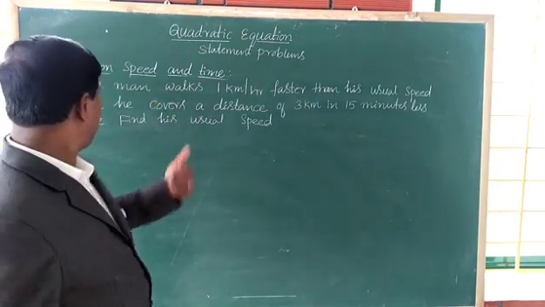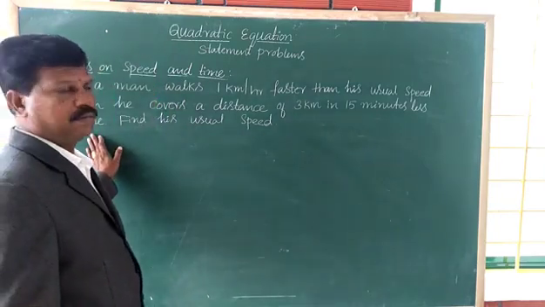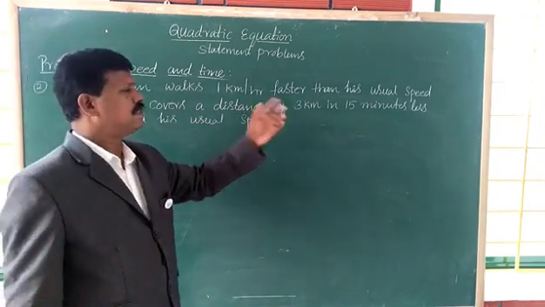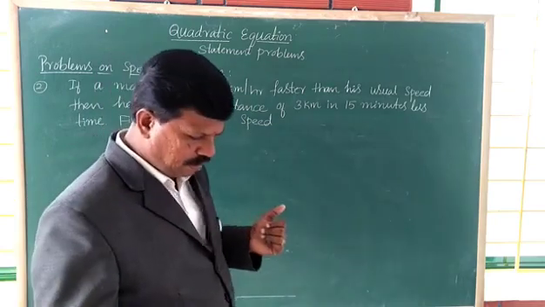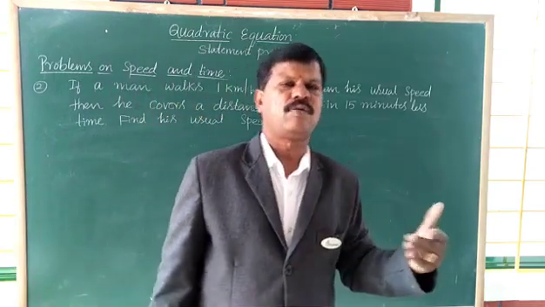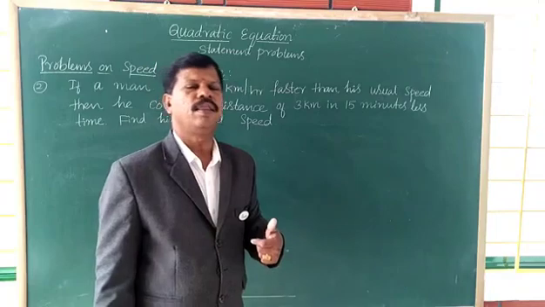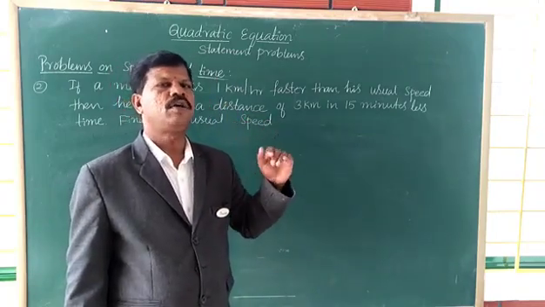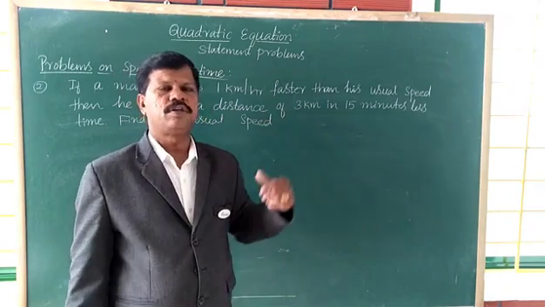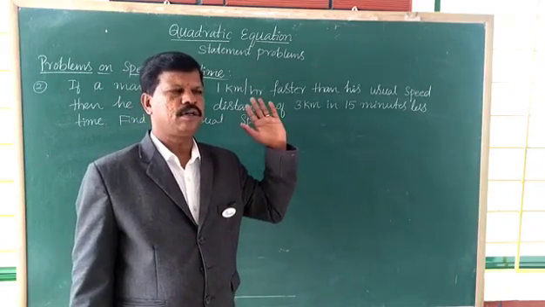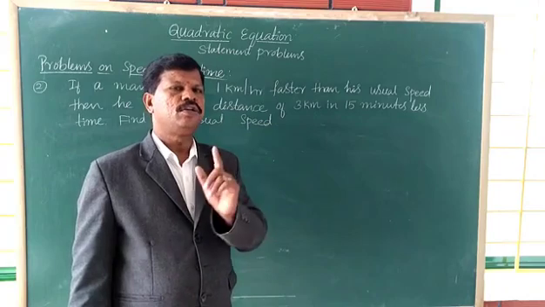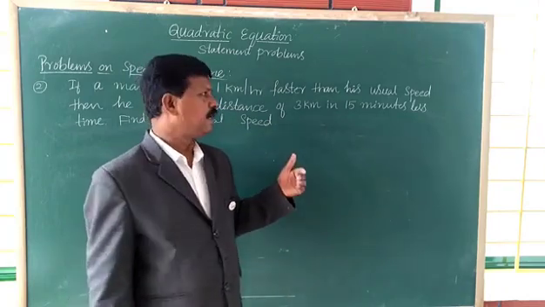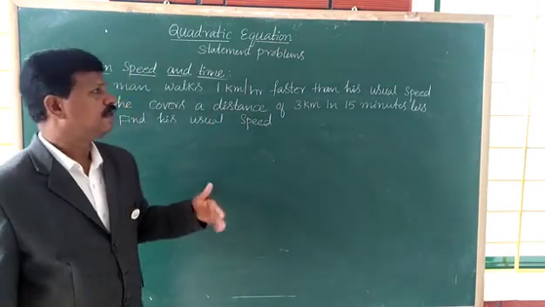15 minutes less time. See here, the total distance is 3 kilometer. For example, you are walking at a normal speed, then time is short. So what to do to reach your school? That means to catch the bus, you should speed up walking. You should walk fast, right?